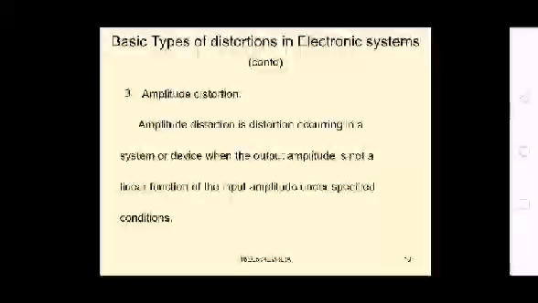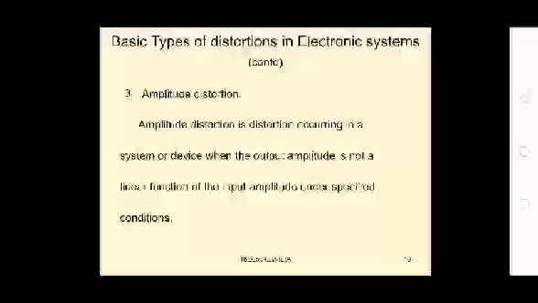So what is amplitude distortion? It is the distortion occurring in a system or a device where the output amplitude is not a linear function of the input amplitude. As the input amplitude is changing, the output amplitude has to change linearly with it, but it is not changing linearly, it is changing non-linearly.